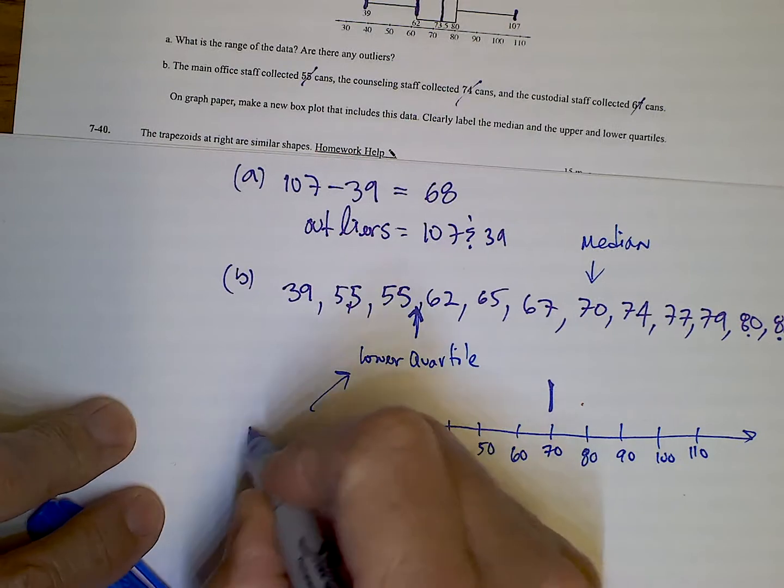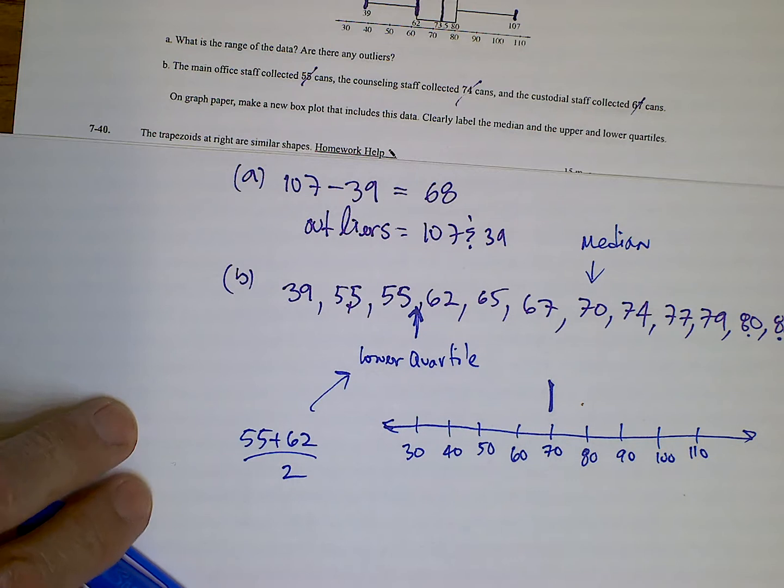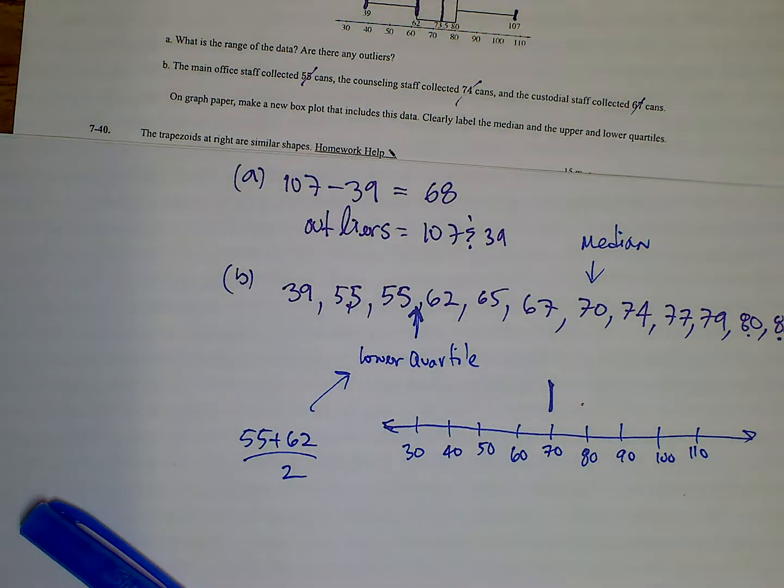55 plus 62 and divide that by 2. So 55 plus 62 divided by 2. Let's see what that is.